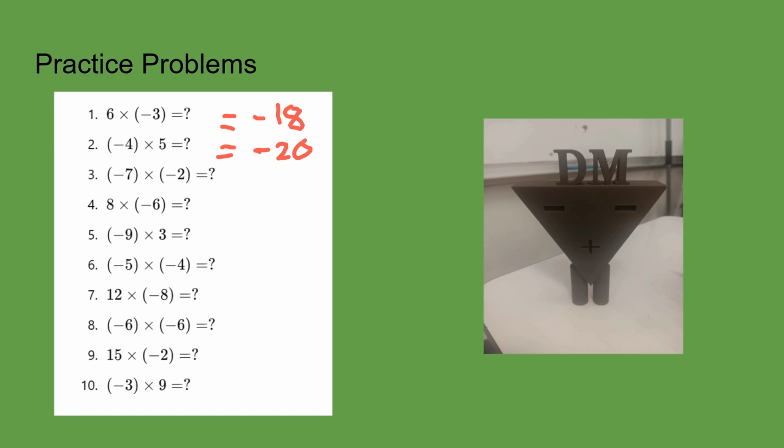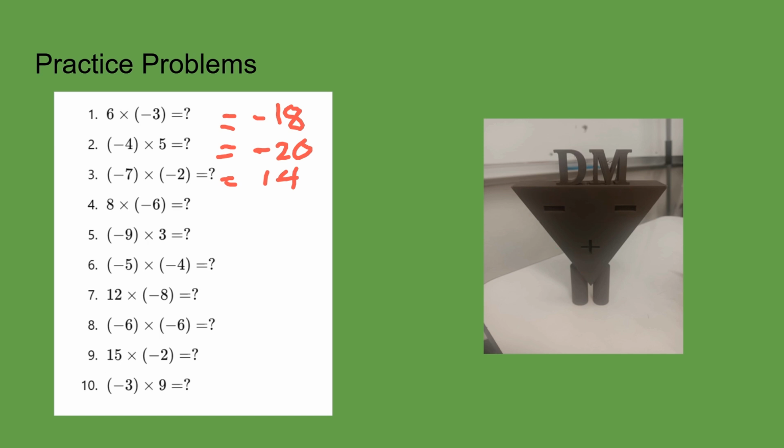Next, how about this? Negative times negative. You can cover the two eyes, and what is left is the positive sign. So negative 7 times negative 2 will give us 14, because what is left is the positive, the mouth of Mr. Dorito Man. So negative times negative is positive.